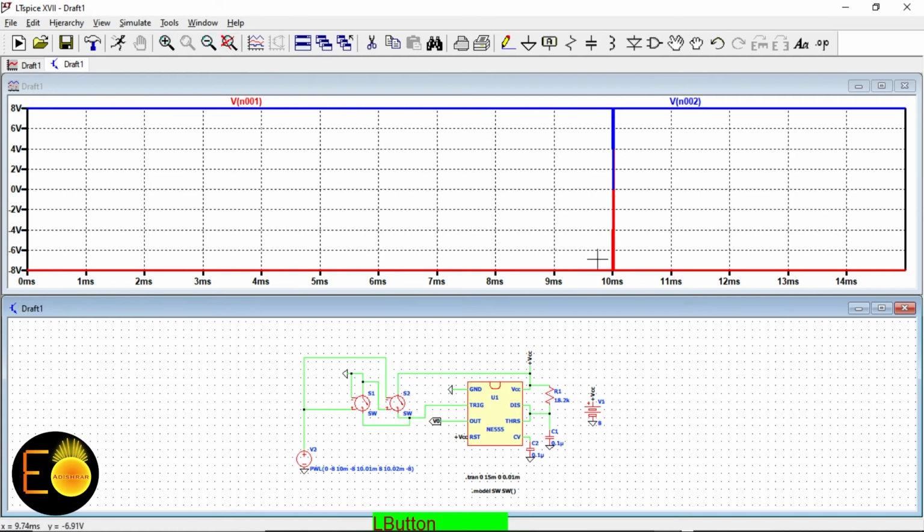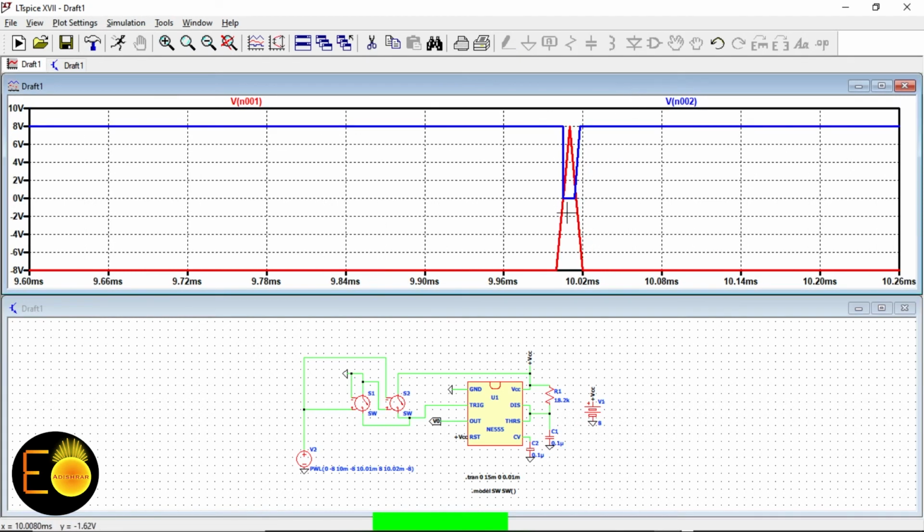Now, if I zoom in at this point, you can see the moment when the trigger pulse switches from minus 8 volt to plus 8 volt, this switch gets activated, turning off this switch, because the plus 8 volt turned off this switch and turns on switch S1. As a result, the trigger terminal is getting the potential of 0 volt. This is a very short negative pulse, so we can approximately assume that it's a negative edge triggered signal.